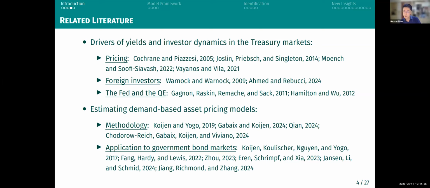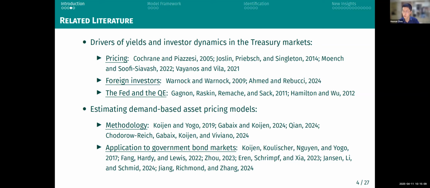So our paper is mostly on the estimation front. We in the paper try to provide a little bit more discussion on the actual mechanism. For instance, we find that there is a diminishing role of U.S. banks and the banking institution in terms of their sensitivity of demand to price changes, and we interpret this as being associated with, for instance, post-crisis financial regulations that essentially force them to inelastically hold a bunch of treasuries on their balance sheet.